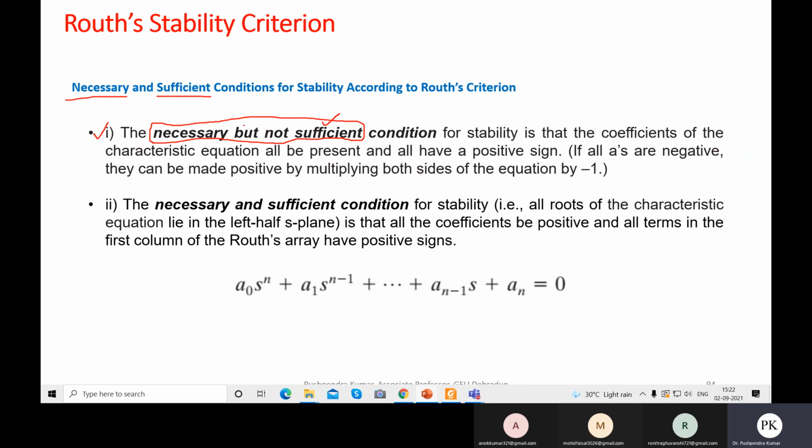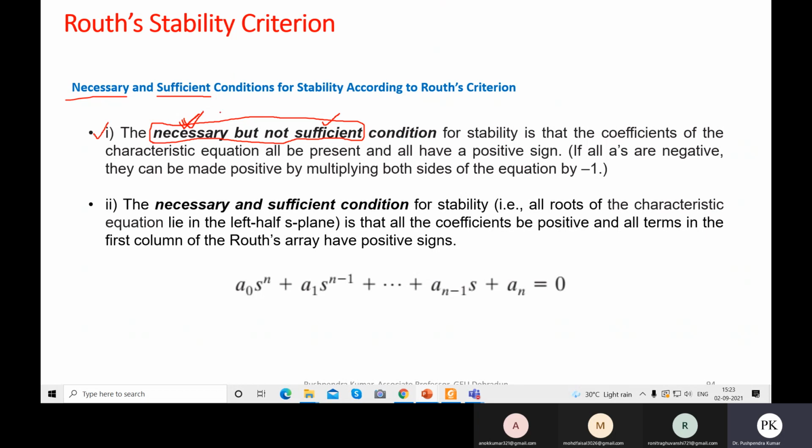If this condition is satisfied, the system may be stable or may not be stable. And if this condition is not satisfied, then you are confirmed that the system is unstable.